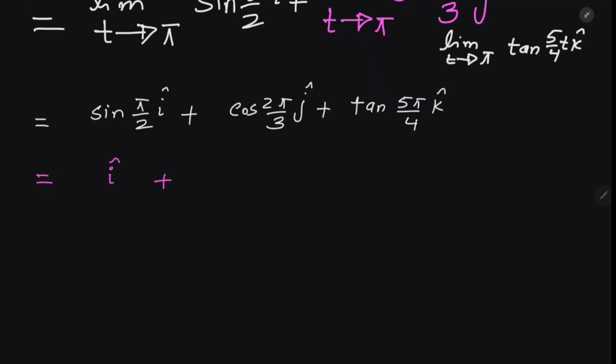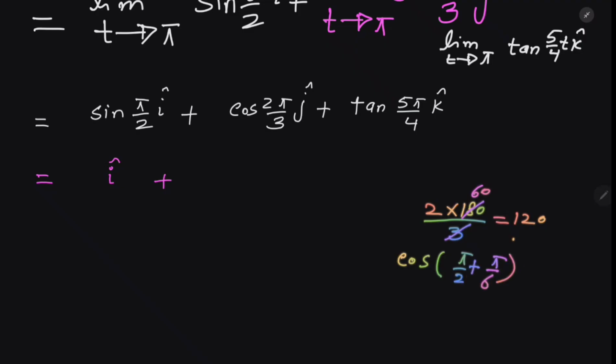It is 2 multiplied by 180 divided by 3, so we have 120, and we can write this as allied angle pi by 2 plus pi by 6.